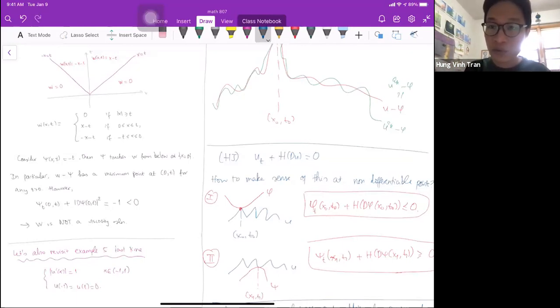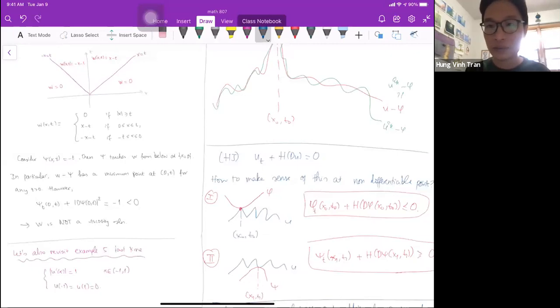That started from the work of Kruzhkov, and for systems it's really hard. There was a recent work by, I forgot their names now, the Italian group, Bressan and Bianchini, exactly, thank you. Yeah, that's a remarkable paper in the Annals more than 10 years ago.